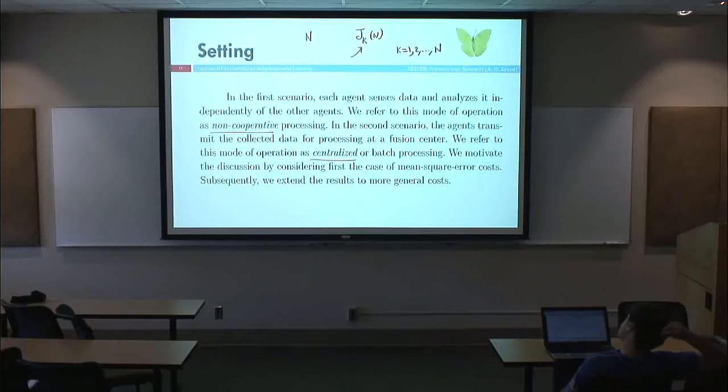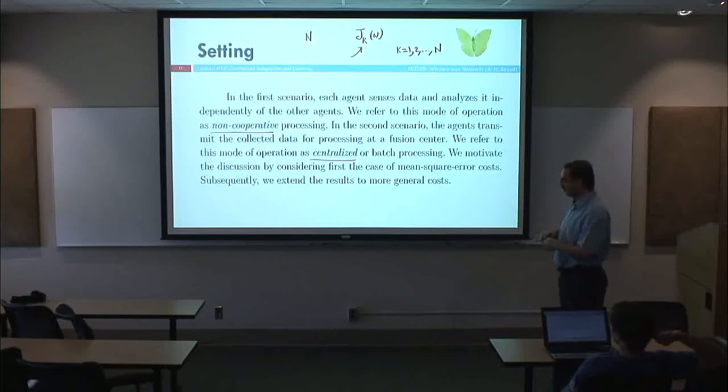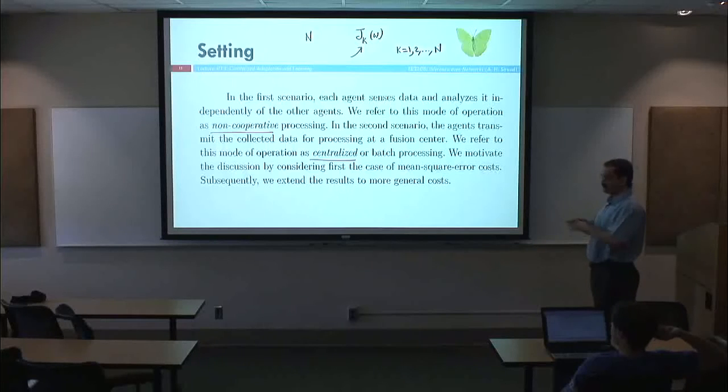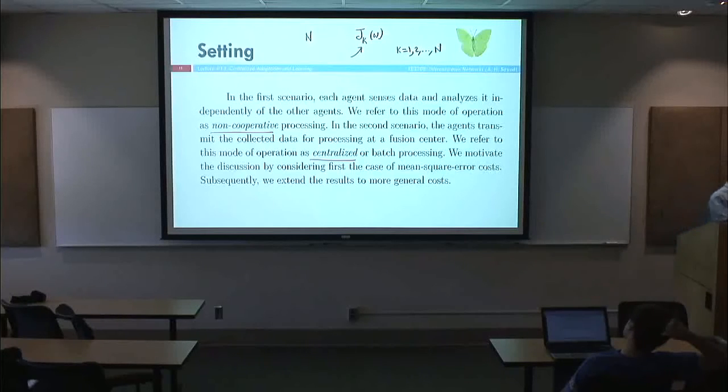So far in the course, we only had a single agent. So let's assume that now I have N agents, and each agent has a cost function associated with it. These cost functions can be the same, right? So J sub k of omega could be the same, in which case they will all be the same J of omega across the agents, or they can more generally be different across the agents, okay?